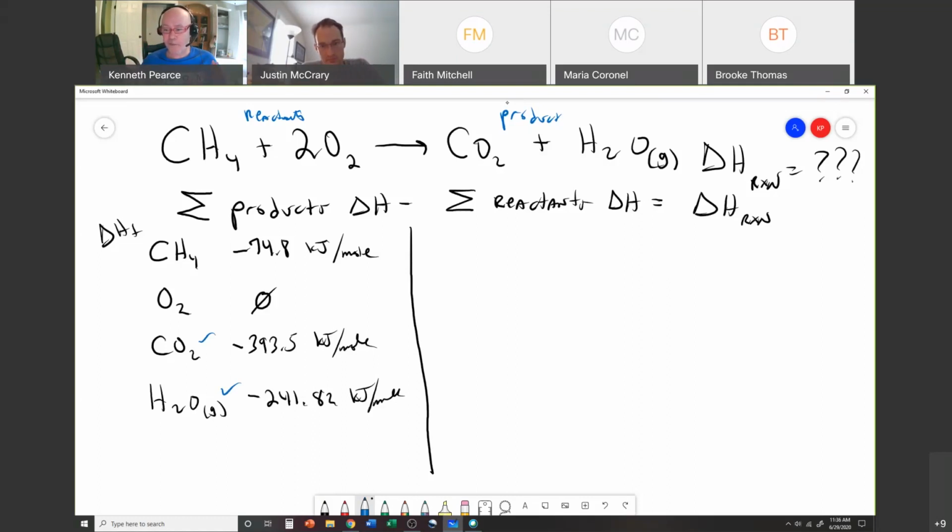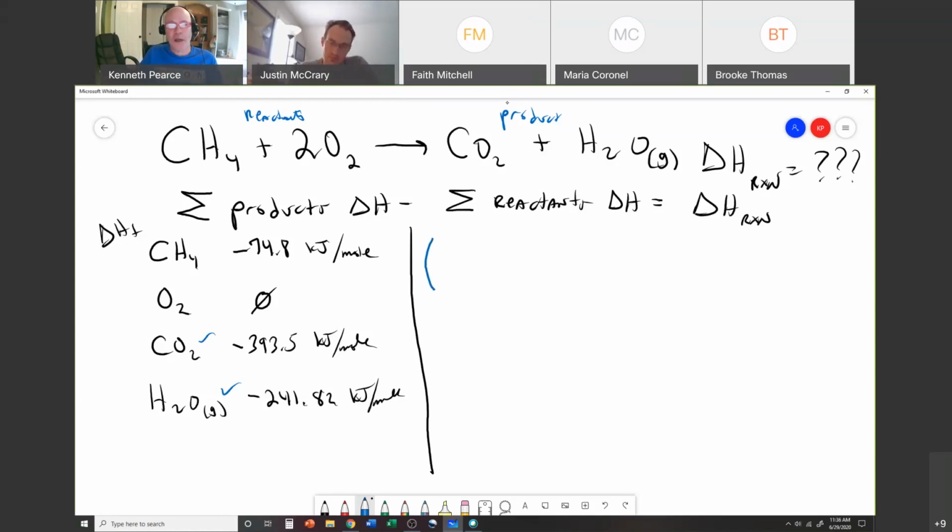You've got minuses and pluses going everywhere, and if you get a minus or a plus out of place with your calculator, it'll mess up your answer. I find that the more parentheses I use, the fewer mistakes I make getting it into my calculator. So what I'm going to do is the reactants. I'm going to say parentheses for my reactants.